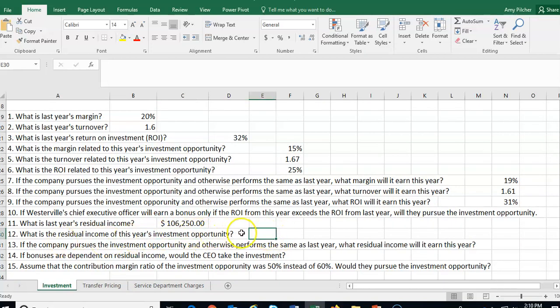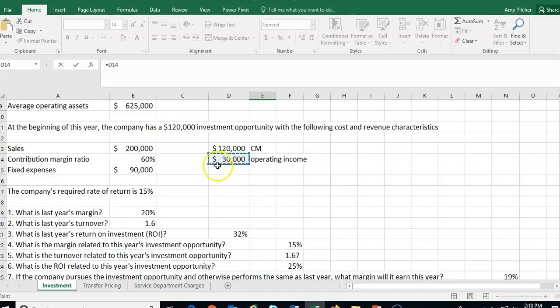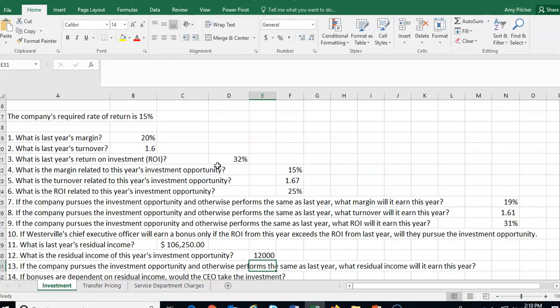For the residual income of the opportunity, we will take the income of 30,000 for the opportunity minus the investment of 120,000 times the minimum rate of return of 15%, giving us residual income of 12,000.